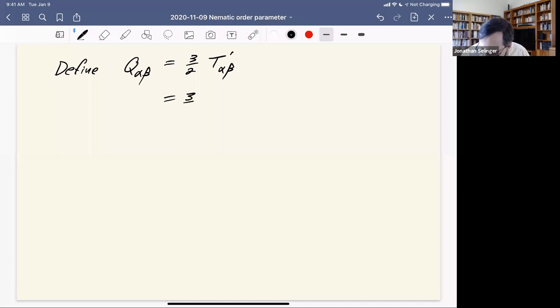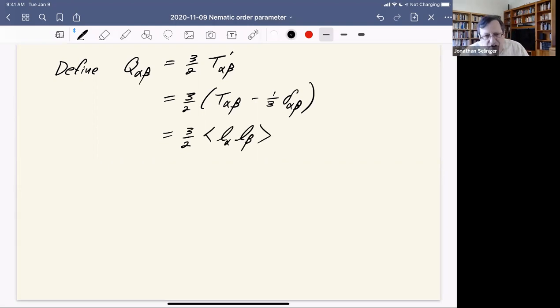Or we could say that is 3/2 times T alpha beta minus 1/3 delta alpha beta. Or we could say that is 3/2 times the average of this L alpha L beta, that's my definition of T, minus 1/2 delta alpha beta. Or if we want to put everything into one set of averaging brackets, we don't have to, but we can.